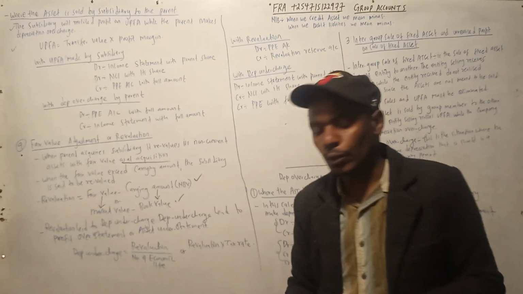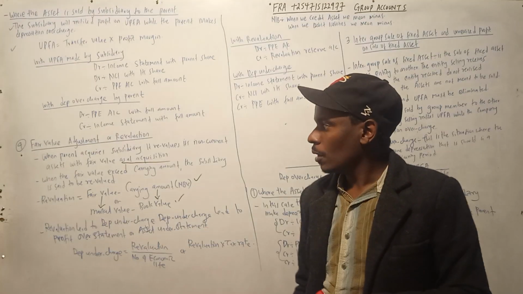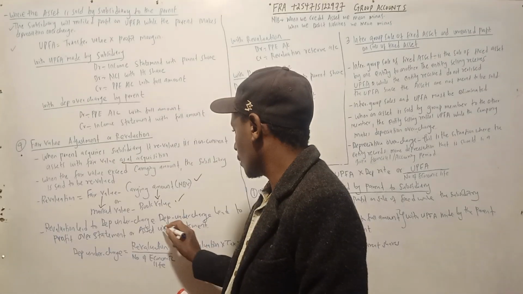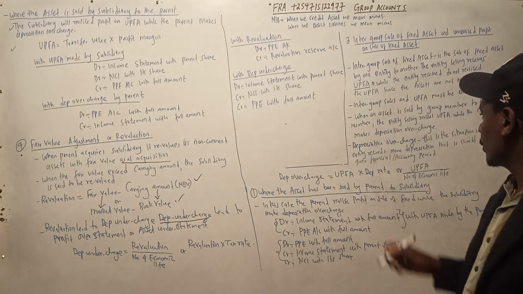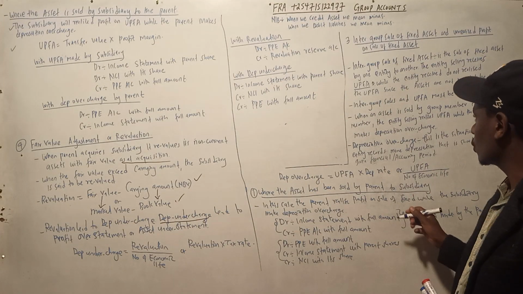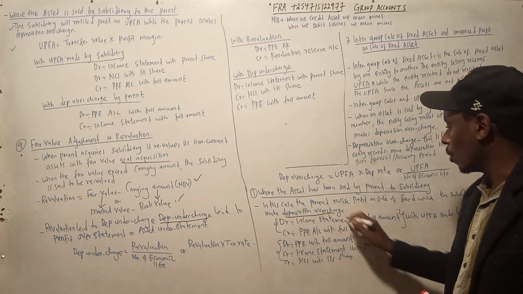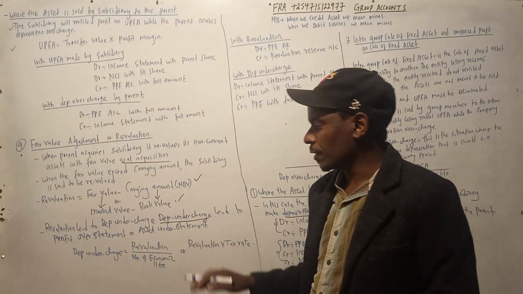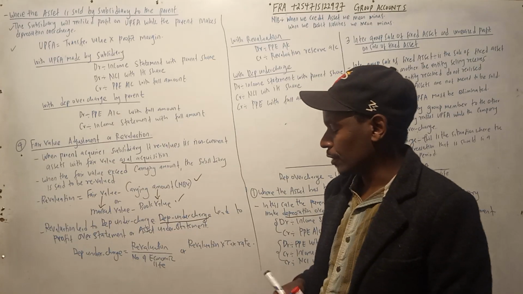Now, revaluation leads to what we call the depreciation undercharge. Remember, the intergroup sales relate to depreciation overcharge, but this one relates to the depreciation undercharge, which leads to profit overstatement and asset understatement.